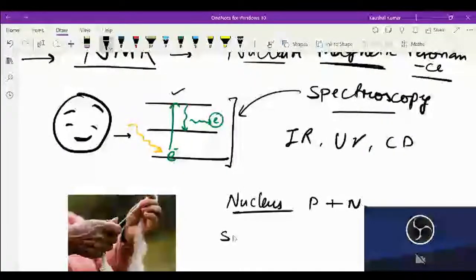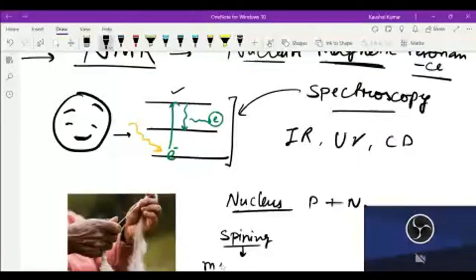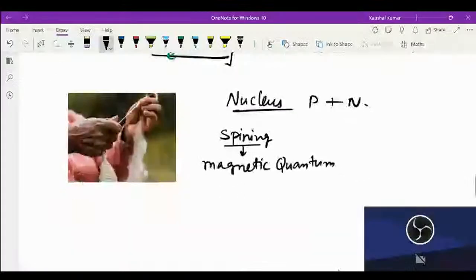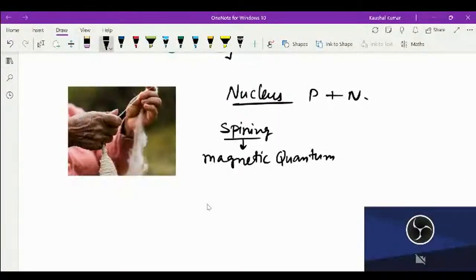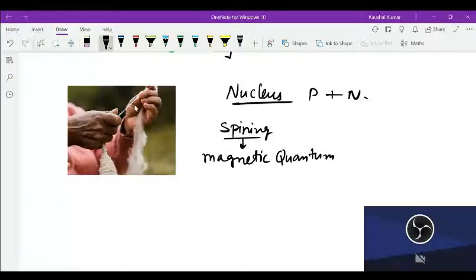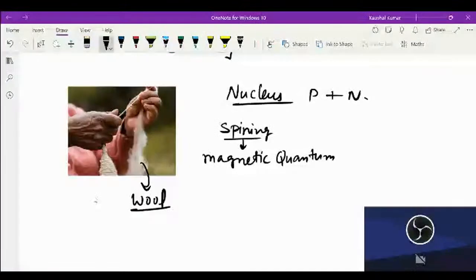In that, spinning was there, and spinning is because of the quantum number, the magnetic quantum number. So what does this magnetic quantum number or spinning mean? Like a thread, a person who is holding this wool, and this wool was spun.